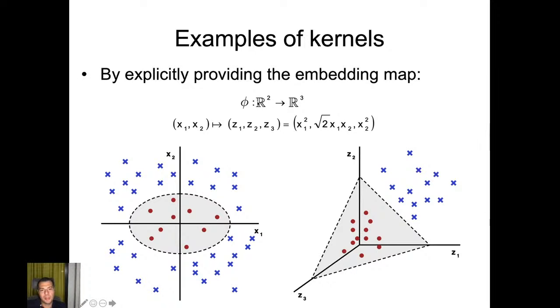Then if we use this embedding, we project the points in this three-dimensional space like this. And here in the three-dimensional space, we can have a plane that separates the points. So this is a linear separation, a linearly separating hyperplane that divides the points in the two classes correctly.